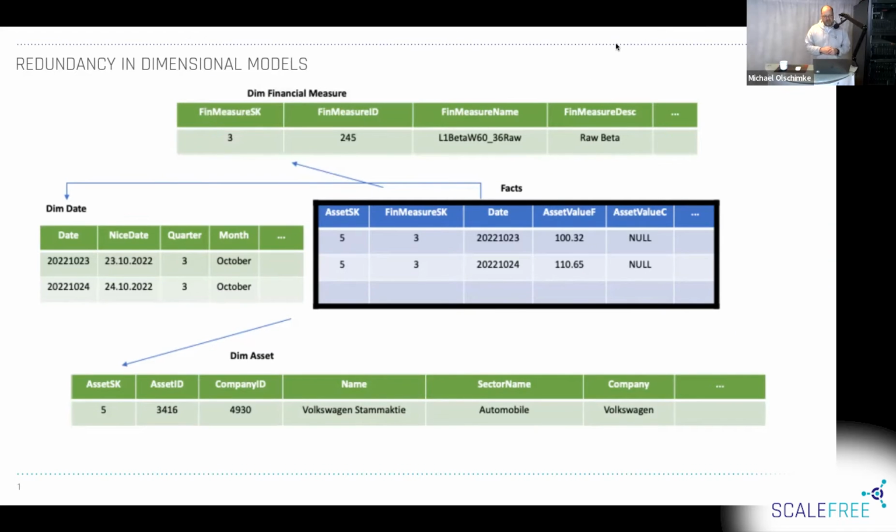The question here is essentially based on the redundancy in the dim asset dimension, because there's some company names or some redundant data in there. You got an asset, and then also you got the company behind the asset, essentially. For example, let's say Volkswagen. And because they might have multiple assets and multiple shares, they might have different redundant data in there, essentially.